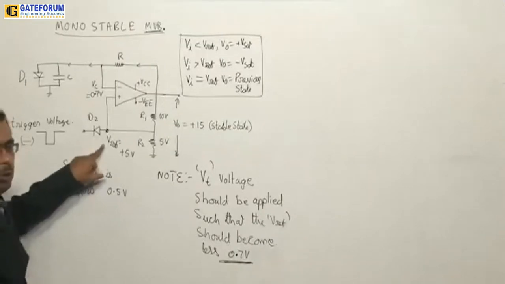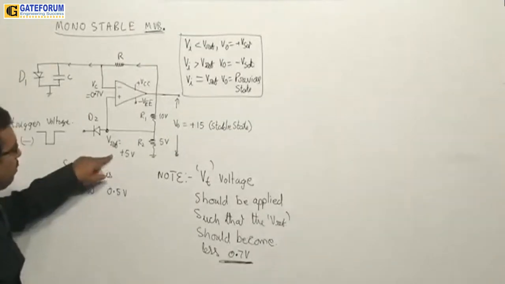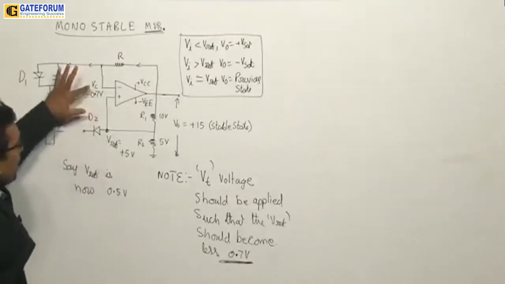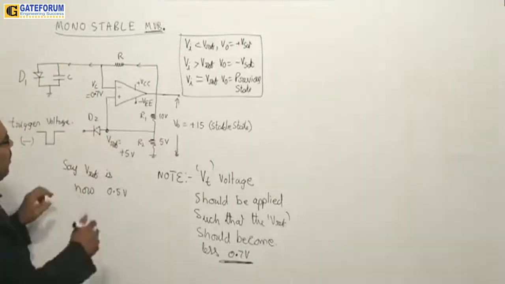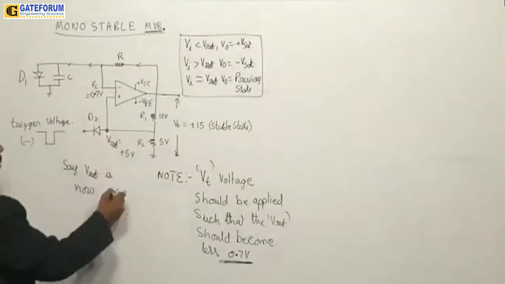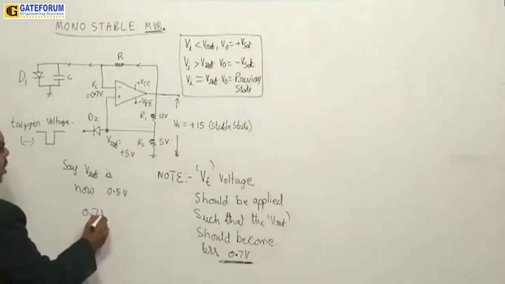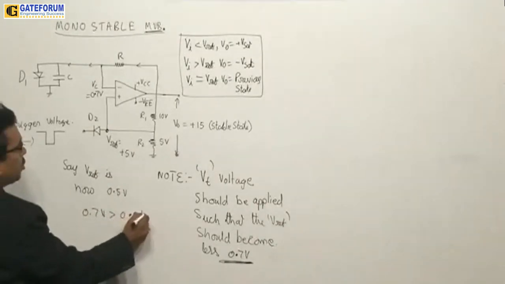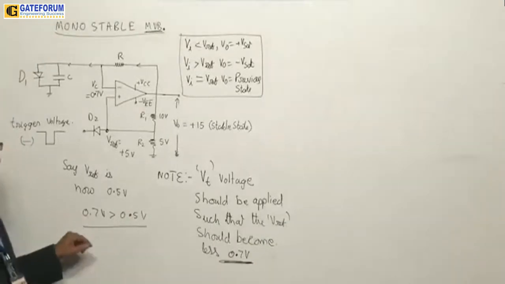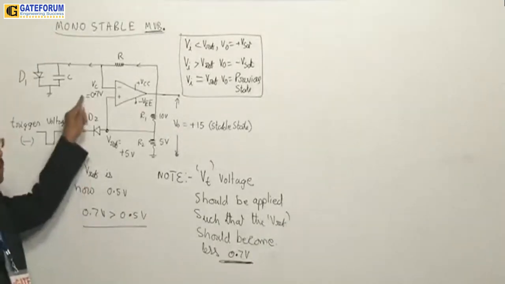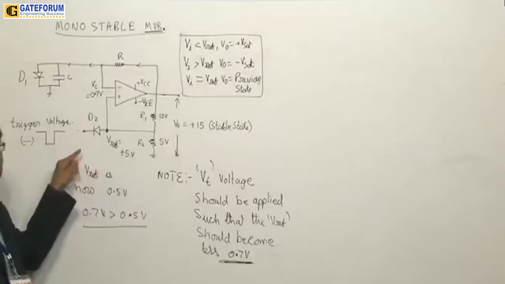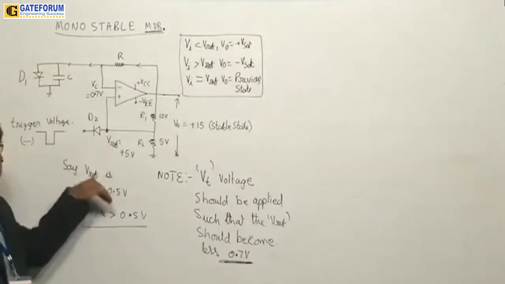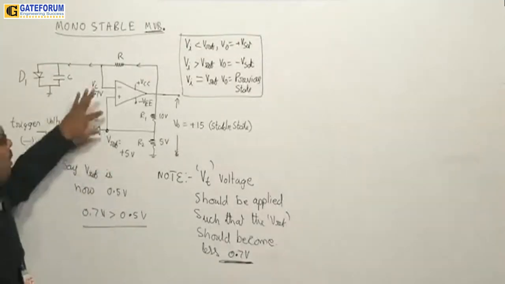The moment it becomes 0.5 volts, the input becomes greater than the reference. Now the input of 0.7 volts is greater than 0.5 volts. On applying the trigger, this voltage becomes greater than this, because the trigger voltage made the reference voltage come down.